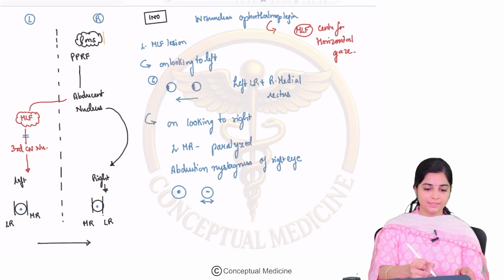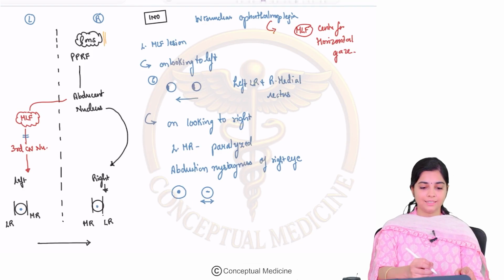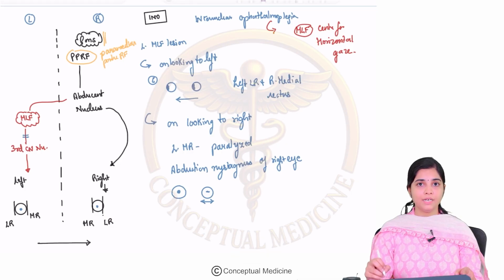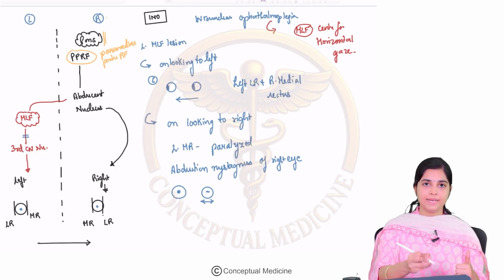First, at the level of the pons, we have a structure called the paramedian pontine reticular formation. This paramedian pontine reticular formation helps in your horizontal gaze. So, we are looking at the right side.